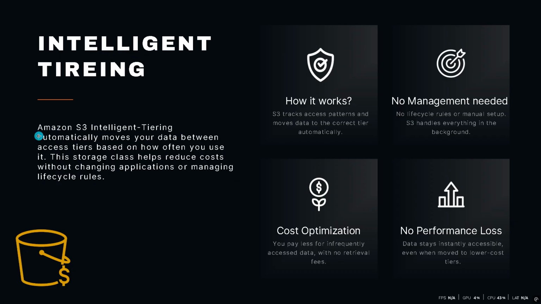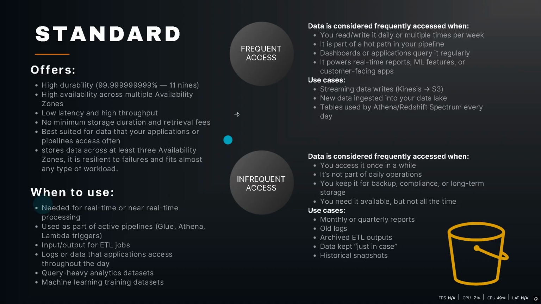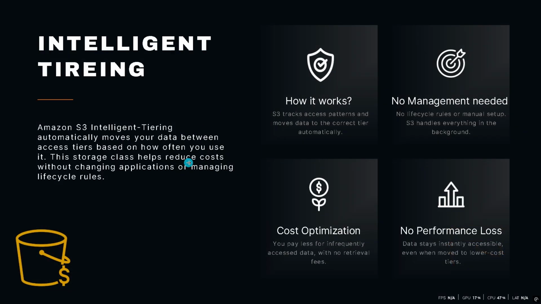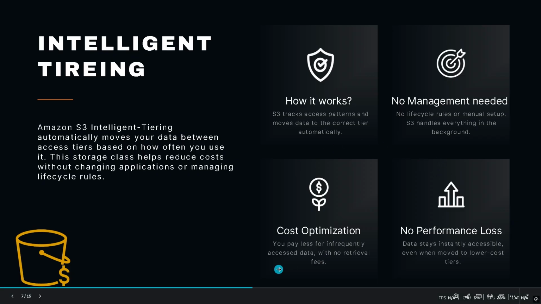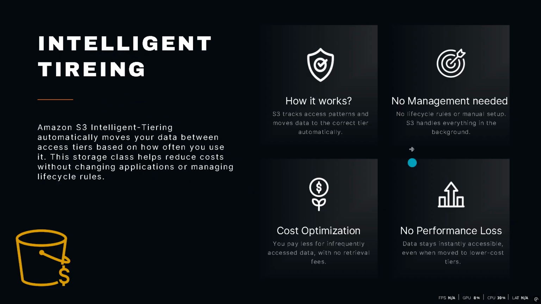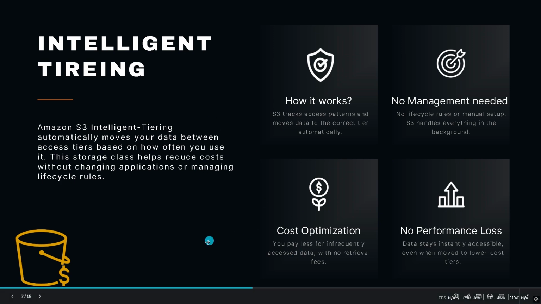So Standard is costlier, infrequent access is cheaper, and Glacier is much cheaper. But it's a trade-off: if you need one, you have to lose one. If you need less cost, the access time will be more, and vice versa.